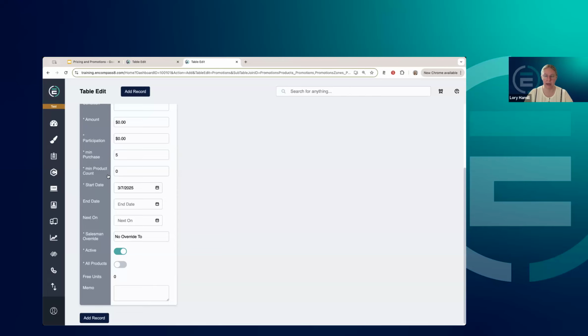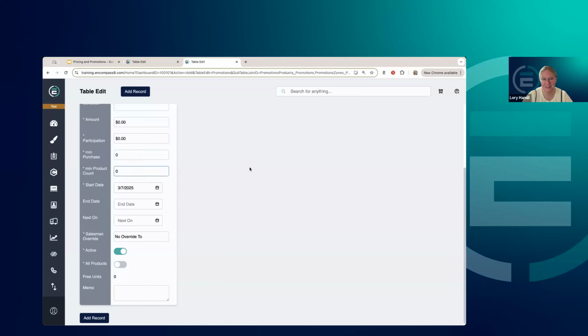And minimum product count is saying, of the 7 different products that are eligible for this buy 5, get 1, I want them to buy 2. They have 7 choices. They have to have 2 different products that equal 5 total units between them. So that's what those 2 things are doing in that buy 1, get 1 scenario. I'm actually going to set those back to 0 because it's a front line. We're not doing a buy 1, get 1.